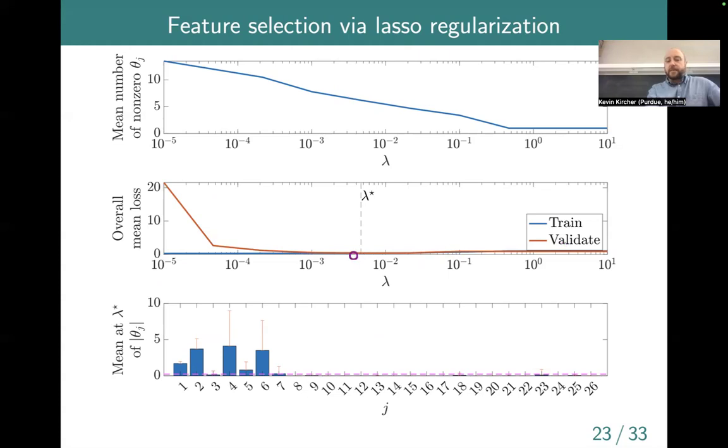So there's a minimum, and then we begin to go back up. And this is showing the mean magnitude of each of the parameters theta j, averaged over all the folds, the ways to slice the data. You can see some of these parameters are showing up as being influential. A lot of them are getting knocked out to zero. This 23rd degree term over here actually is non-zero.